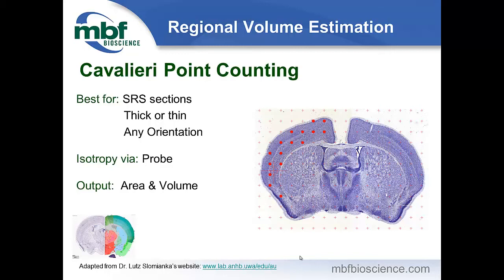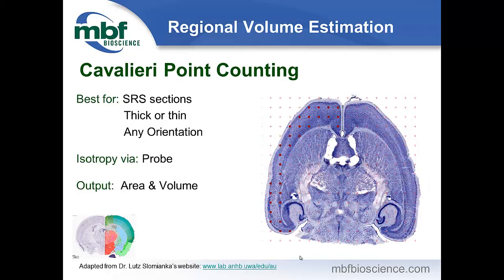It simply adds together the area associated with all those points and then multiplies by the distance between the sections to come up with an estimate of the volume. You can do this on thick or thin sections, so it's very forgiving that way. And in any orientation. Because the isotropy is achieved via the probe, you can prepare your tissue any way you like.